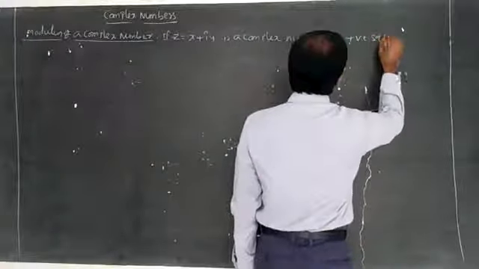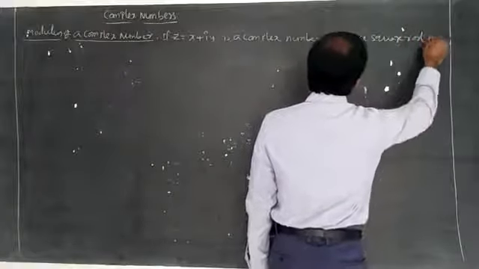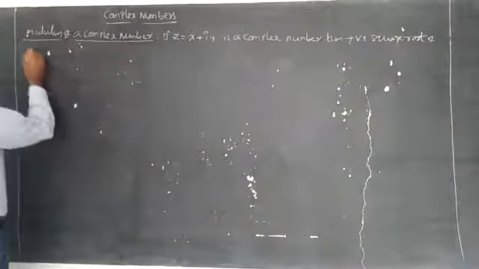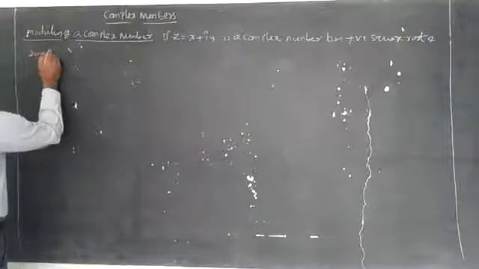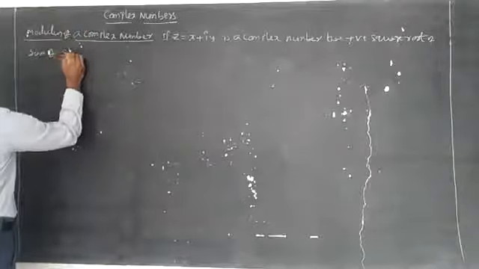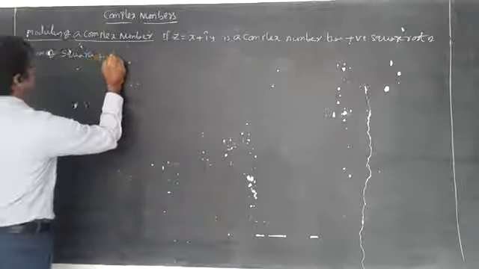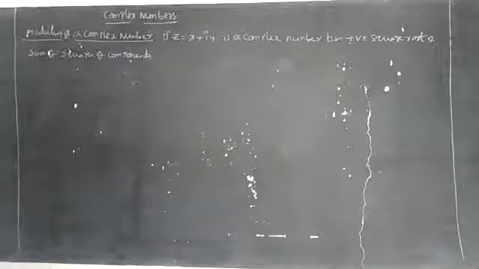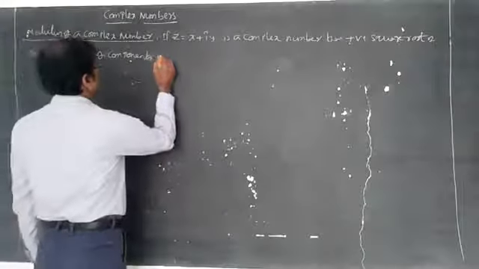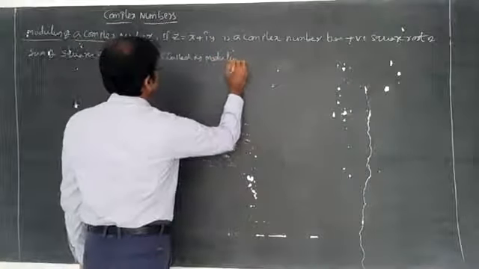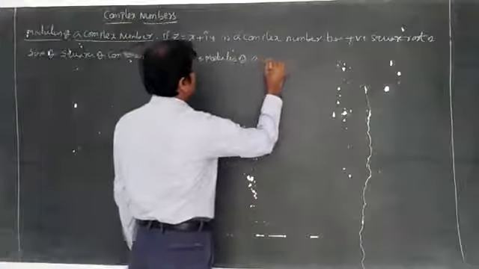the positive square root of the sum of squares of components is called the modulus of a complex number.